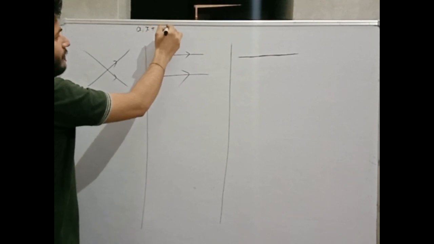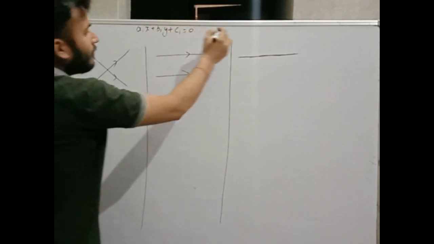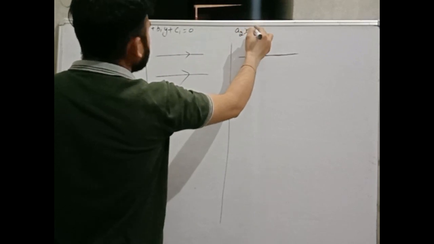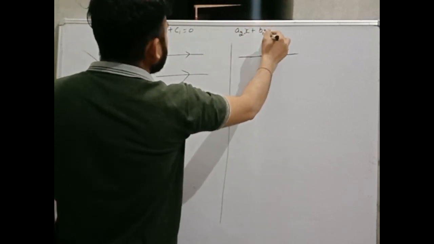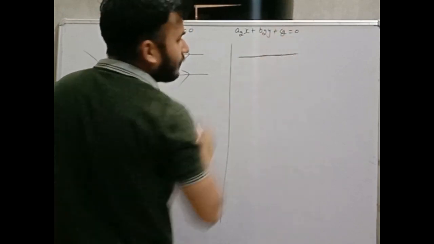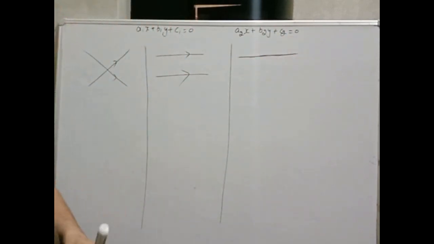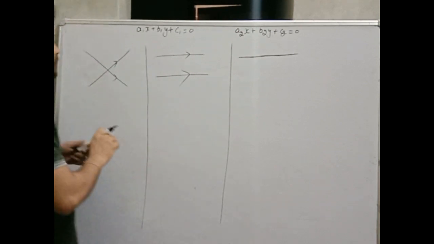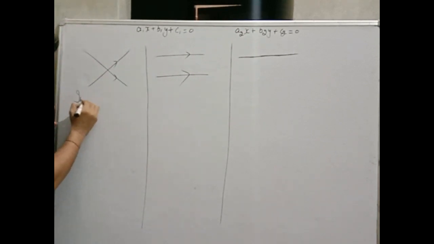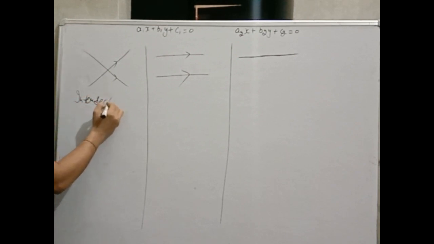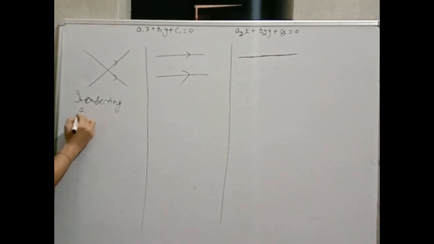a1x plus b1y plus c1 equals 0, a2x plus b2y plus c2 equals 0. This is my general equation. Now, what is the condition for intersecting lines? For intersecting lines, a1 divided by a2, meaning the ratio of the coefficients of x, is not equal to b1 by b2.